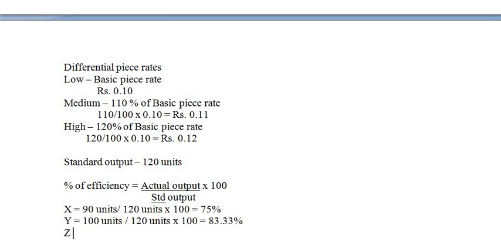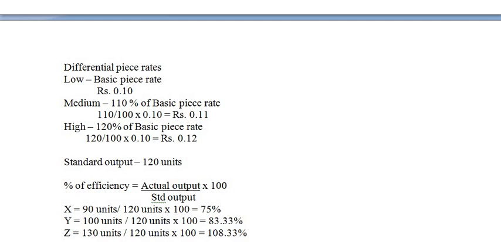So Z: his production is 130 units. 130 units divided by standard output 120 units into 100. Calculate this, so you will get 108.33%.